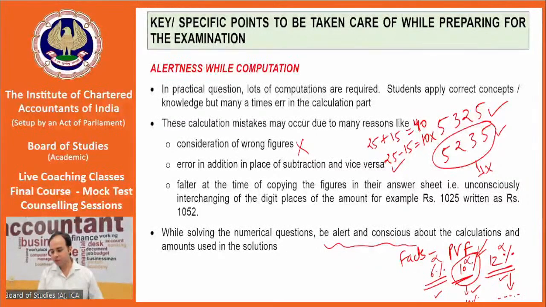If you have done so, you know how much marks you will get, because your answer may go wrong. Initially, if you are not able to calculate the correct amount of the component, how will you get the remaining marks?